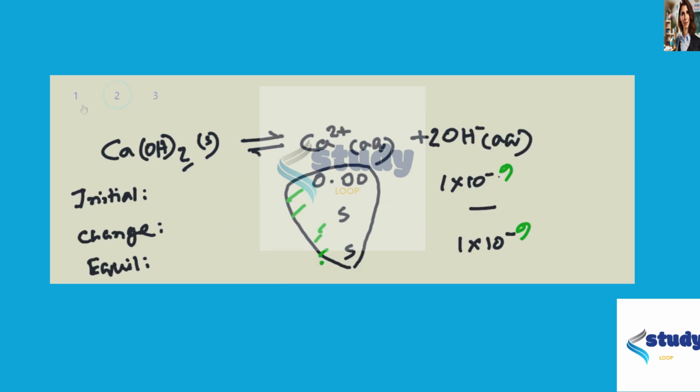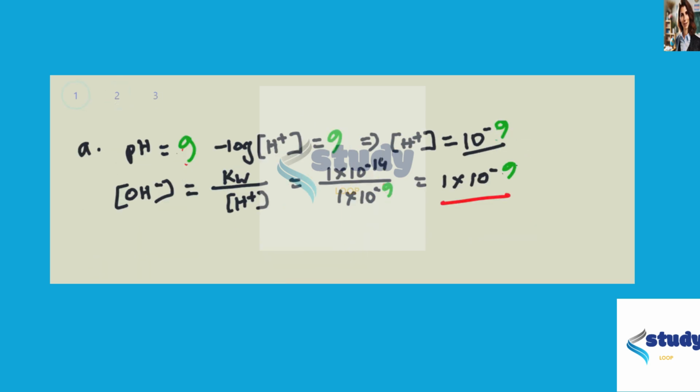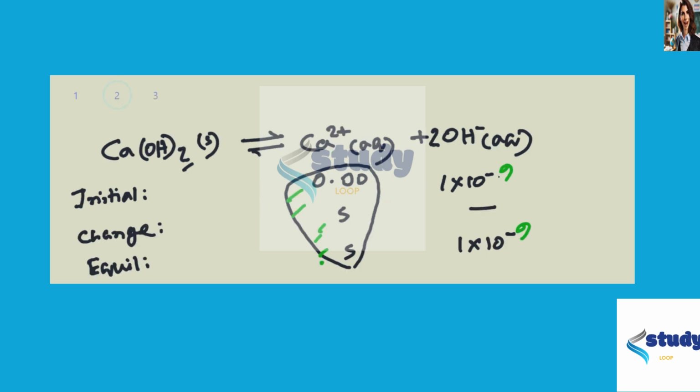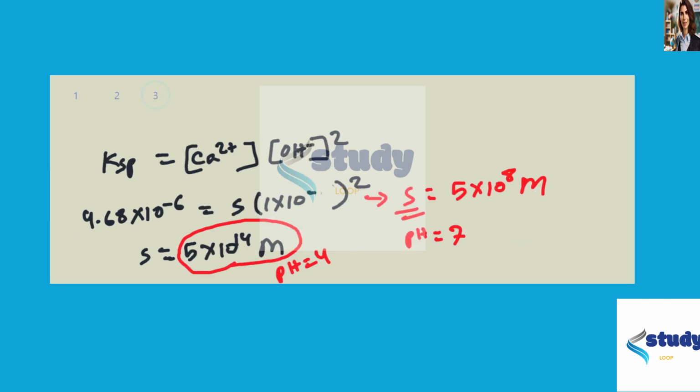Okay, so here we will have 10 to the power minus 5, not 9, and then here we will also have 10 to the power minus 5, and finally here we will have 10 to the power minus 5.